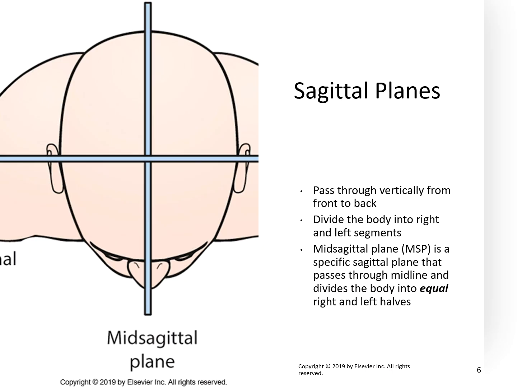All right, our sagittal planes pass, like I said previously, but here's a little visual description, from the front to the back. And so it divides the body into left and right parts. Okay. The mid-sagittal plane is a specific sagittal plane that's in the center between the left side and the right side.